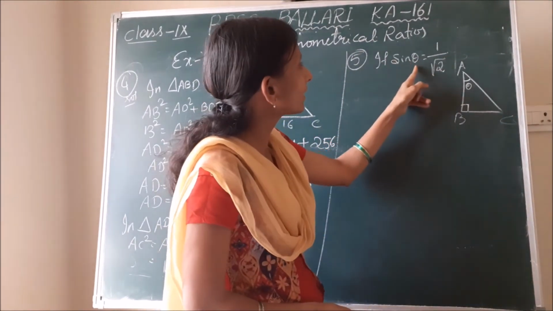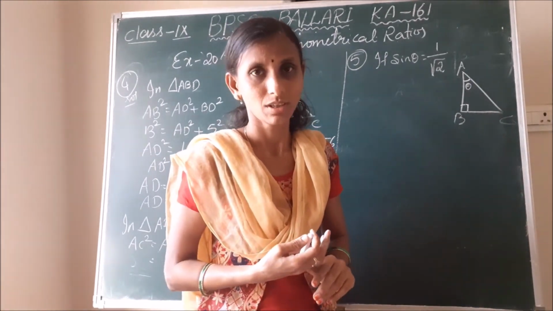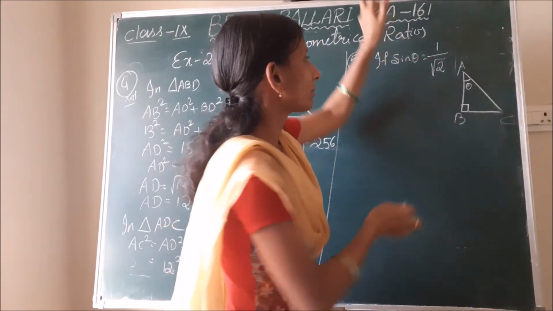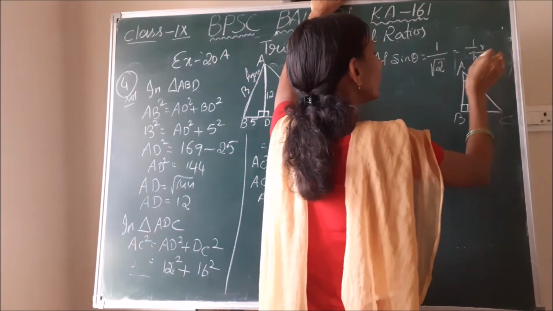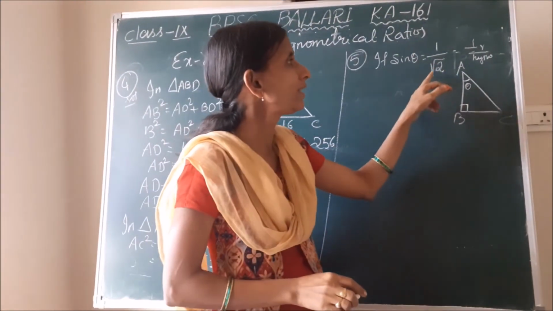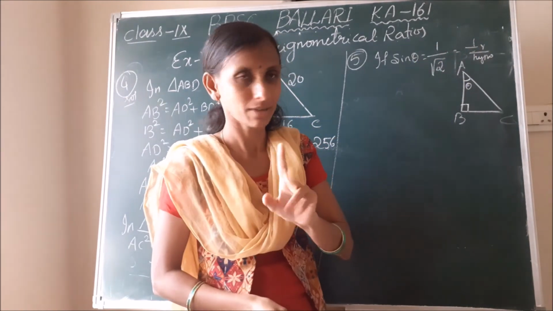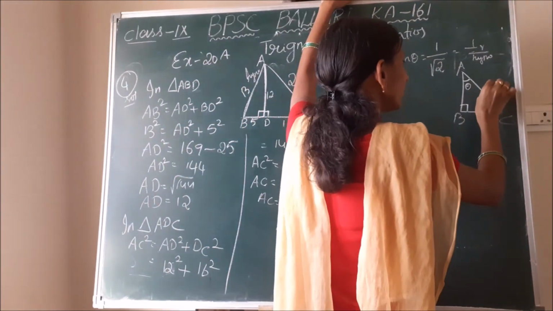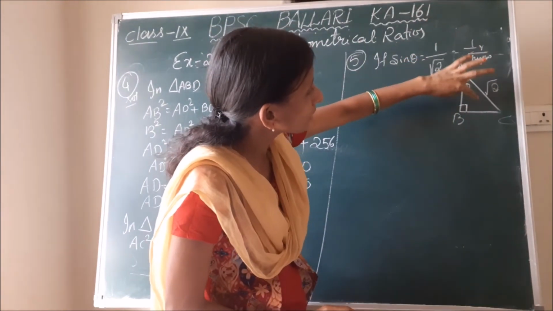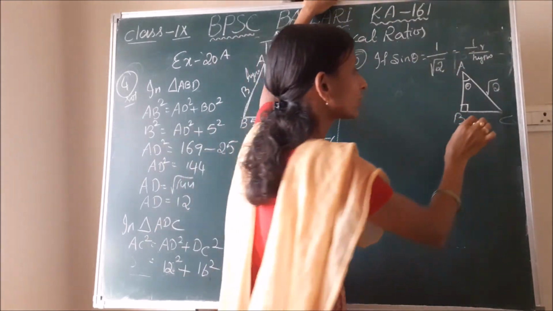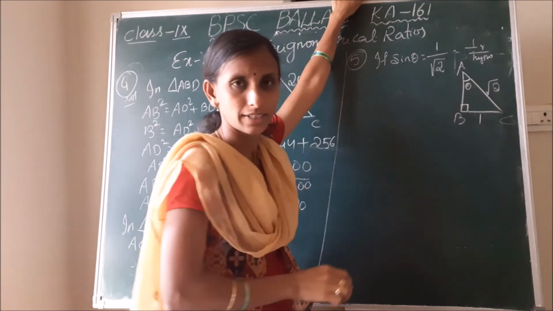So sin theta. Sin means what? Perpendicular by hypotenuse. So from this, the hypotenuse will be equal to root 2 and the perpendicular, the side opposite to the angle, will be equal to 1. Now we will find the third side.